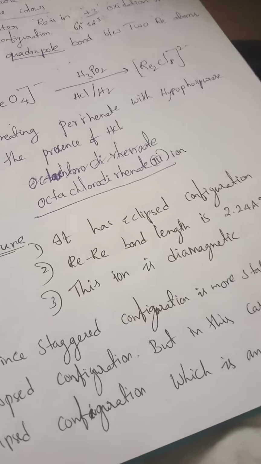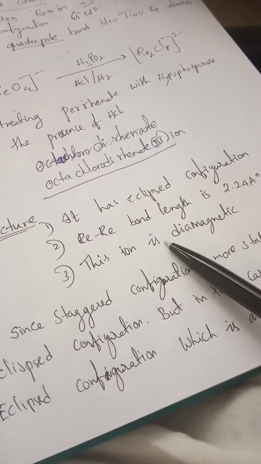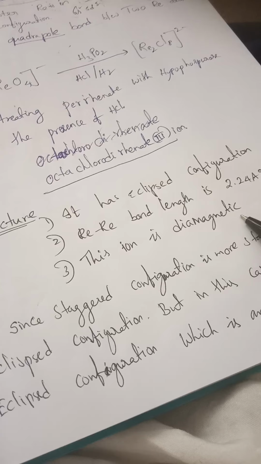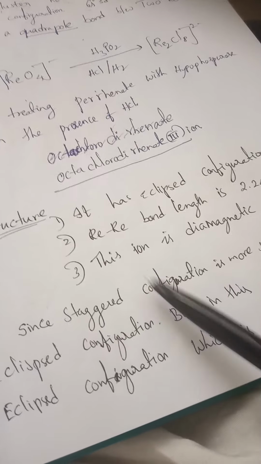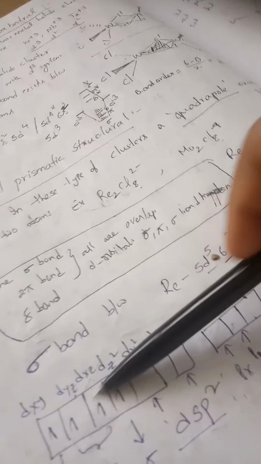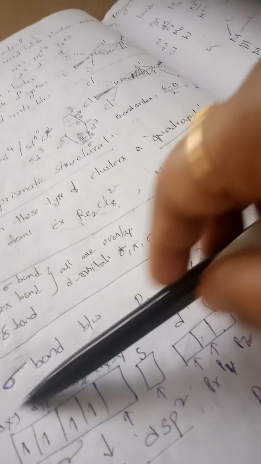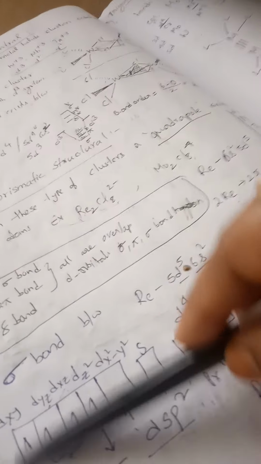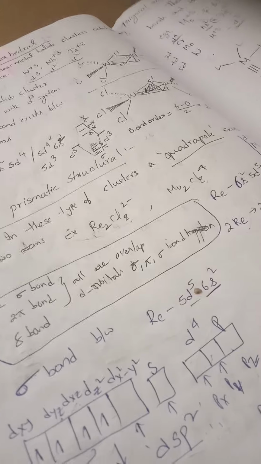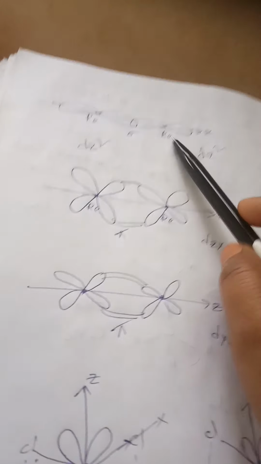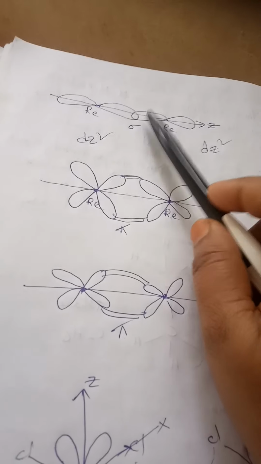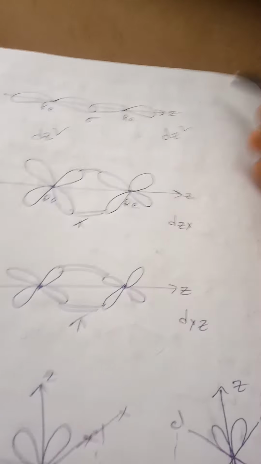This ion is diamagnetic. How is this confirmed? Diamagnetic means, as we discussed in the previous class, all 4 electrons are paired. If unpaired electrons are present in a cluster, we call it paramagnetic. But these 4 unpaired electrons of each rhenium are involved in bonding: one electron from each rhenium forms the sigma bond, and likewise the 2 pi bonds.